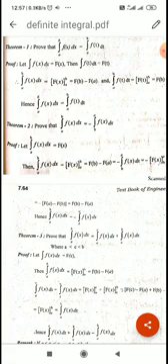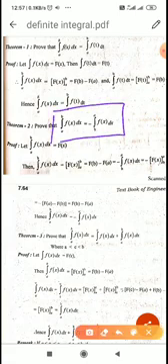You can see this property, a to b f of x dx is equal to minus of, if the upper limit becomes the lower limit and the lower limit becomes the upper limit. What is the lower limit here? A, that lower limit became the upper limit here, and the upper limit b became the lower limit here. So when we are performing this, then the original integration will be multiplied by minus.